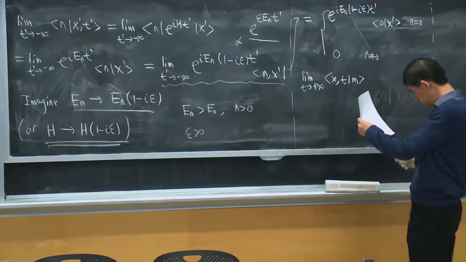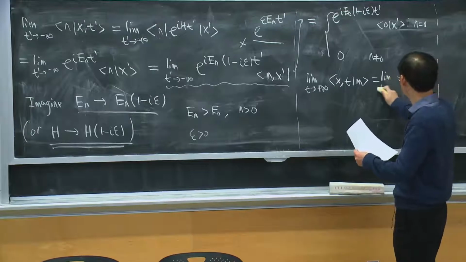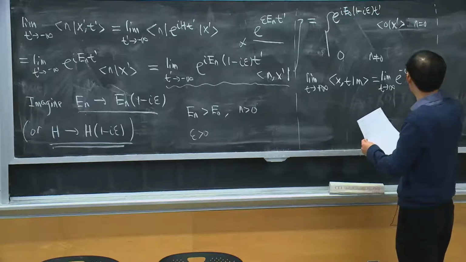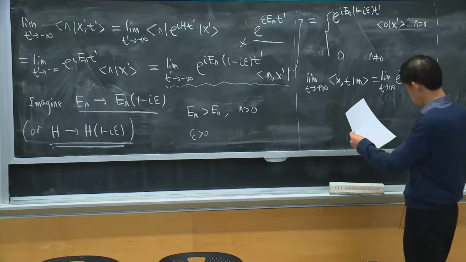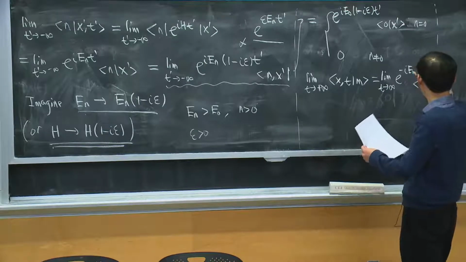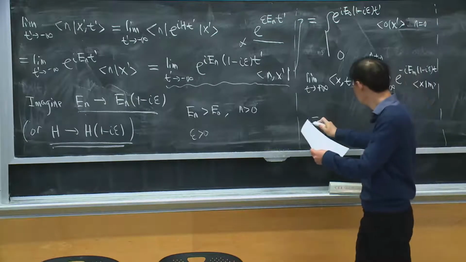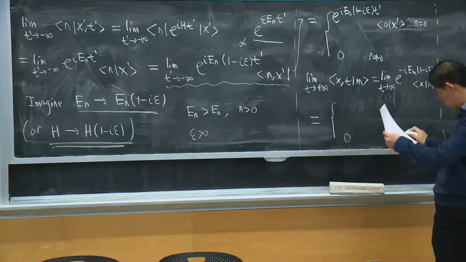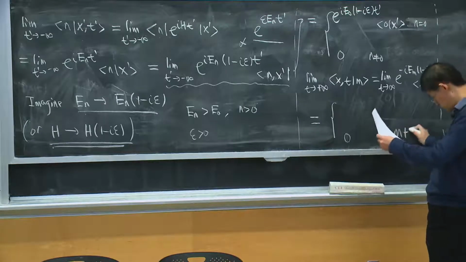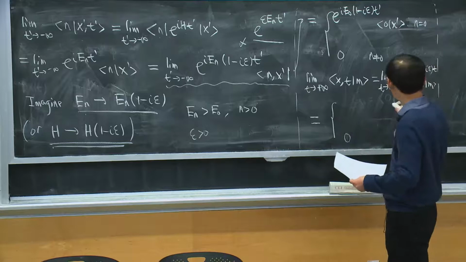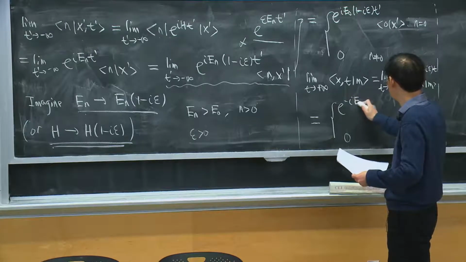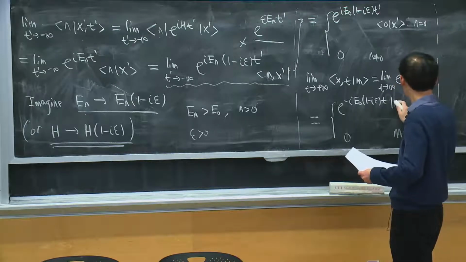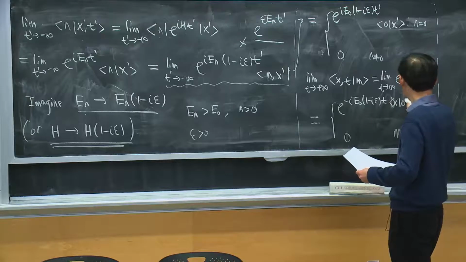So this becomes the limit t goes to plus infinity of exponential of −iEm(1 − iε)t times |m⟩⟨m|, and again this becomes 0 for m not equal to 0, and remains for the ground state, m equal to 0.